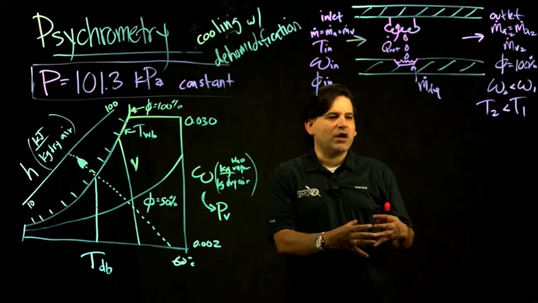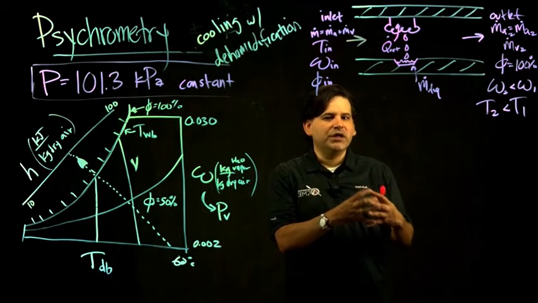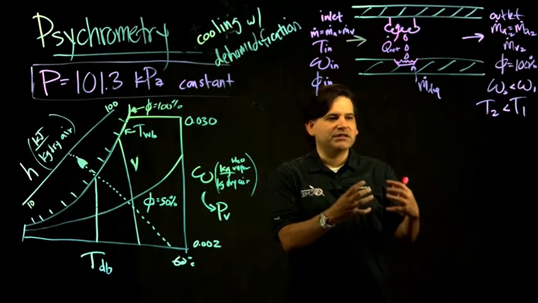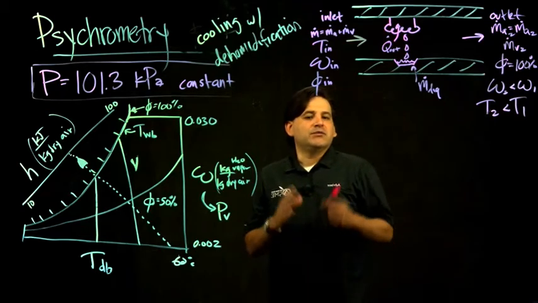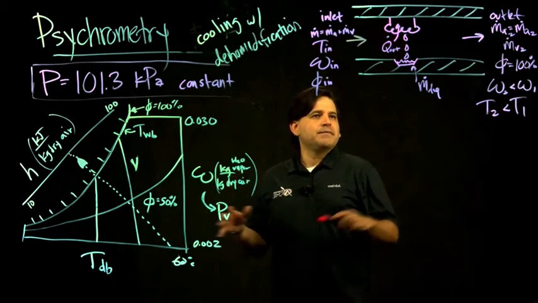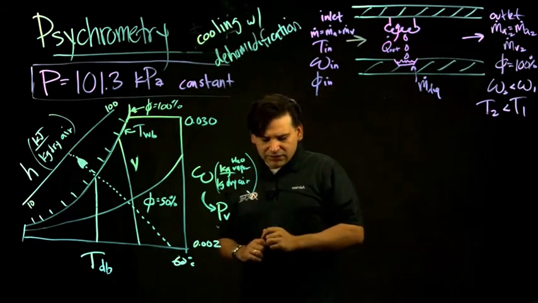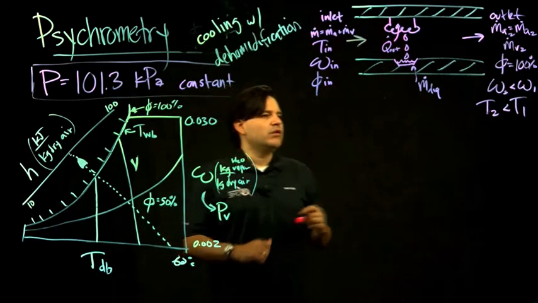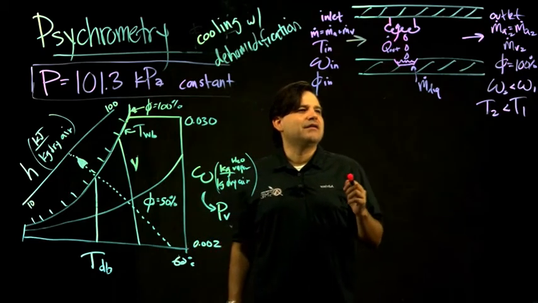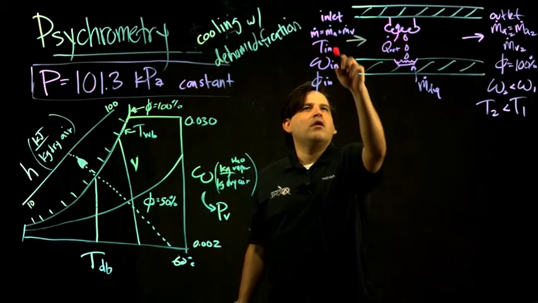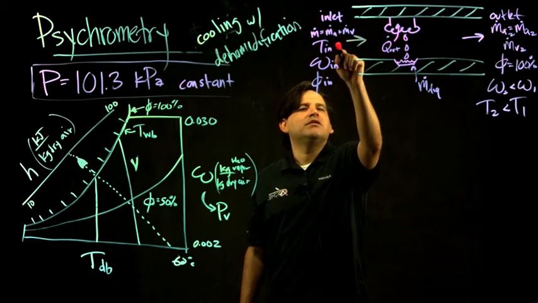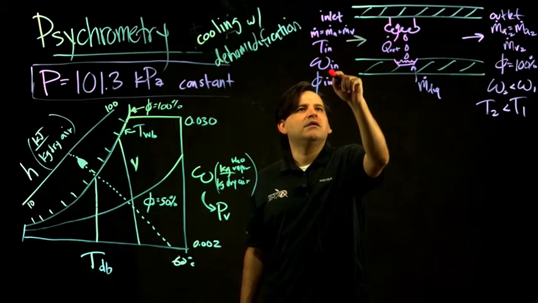The temperature drops, so that partial pressure reaches the saturation pressure because the temperature drops. The pressure didn't change, the temperature changed. Okay, so to analyze this problem, we'll first realize that water comes in at some certain mass, a certain omega.